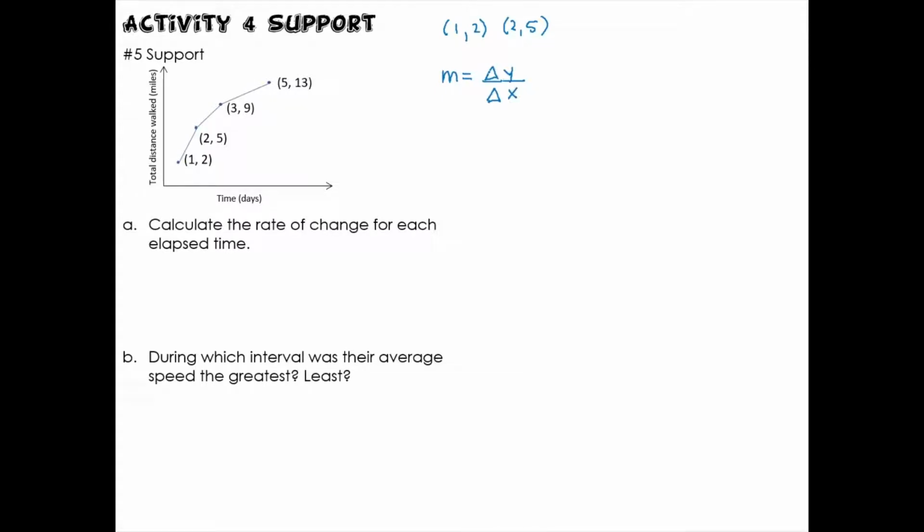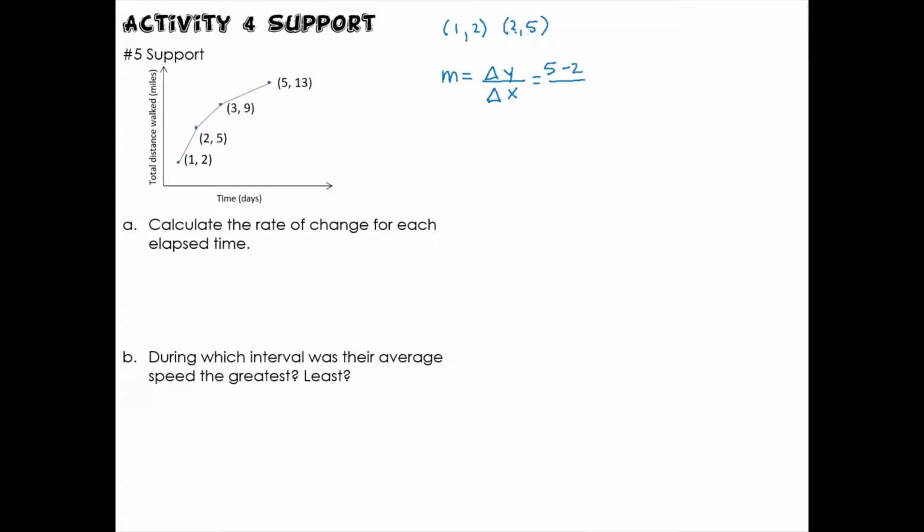Remember this triangle looking thing is the Greek letter delta. It's like their d, if you want to call it that, which is for change. If you look at the y, look, it went from 2 to 5, right? So I like to go backwards, so that's going to be 5 minus 2 if you want to find the difference. So 5 minus 2, which we know is 3, but we'll just write it down.